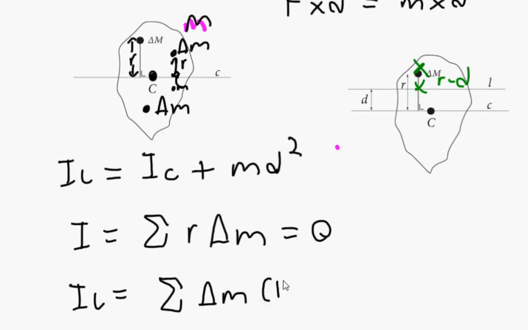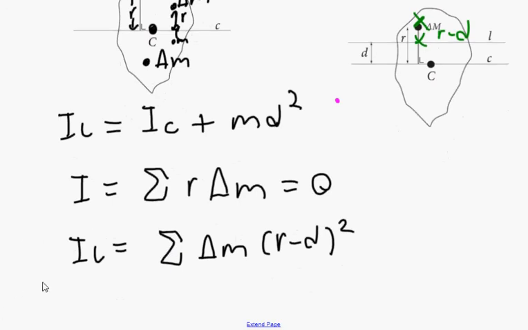The distance is defined as r minus d, squared. D is fixed, but r changes from point mass to point mass. We're talking about different masses in different positions throughout the body. That's why r is always considered to be changing, and why we use the summation button. We're summing up all the r's and all the delta m's.